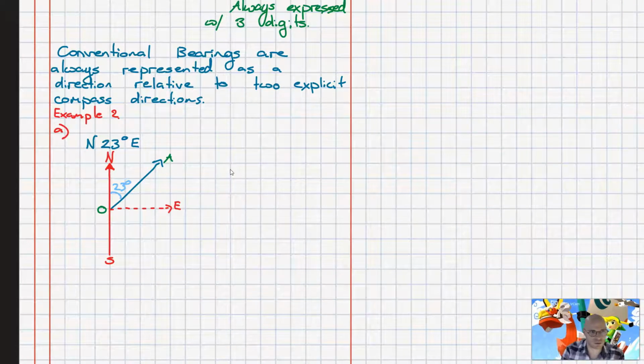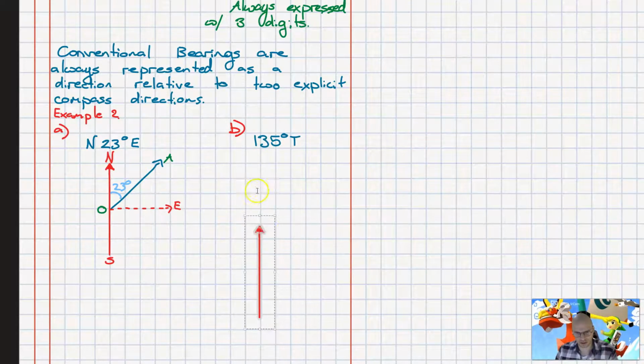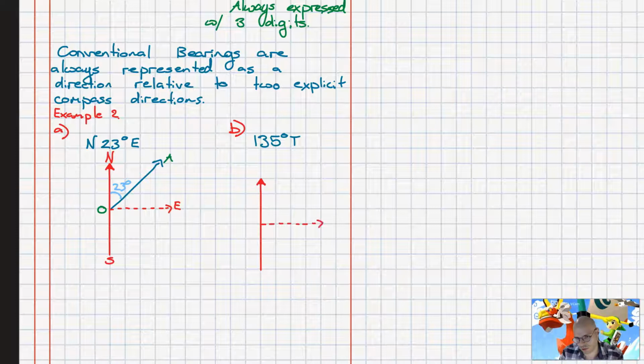Now another example we could do is we could go 135 degrees as a true bearing, and then we can represent this using our diagram like so. And we're going to be 135 degrees. So rather than being in this top right quadrant, we're going to be down in this direction over here.